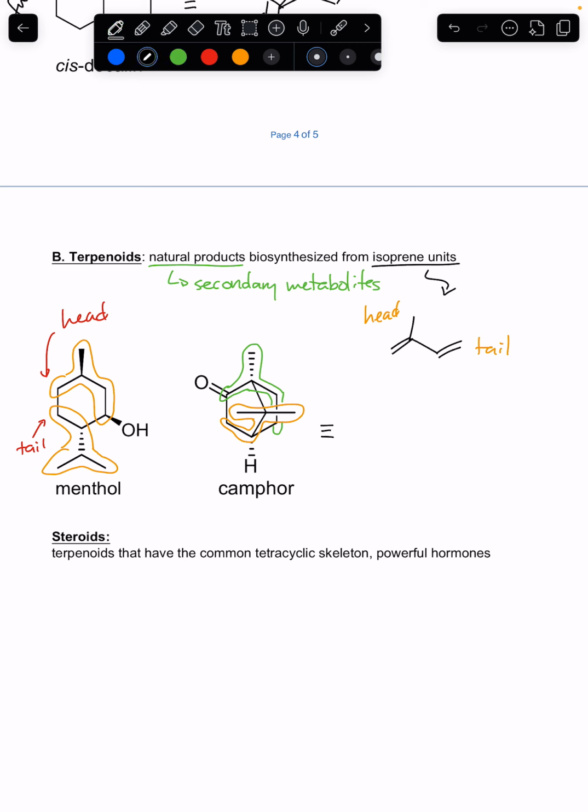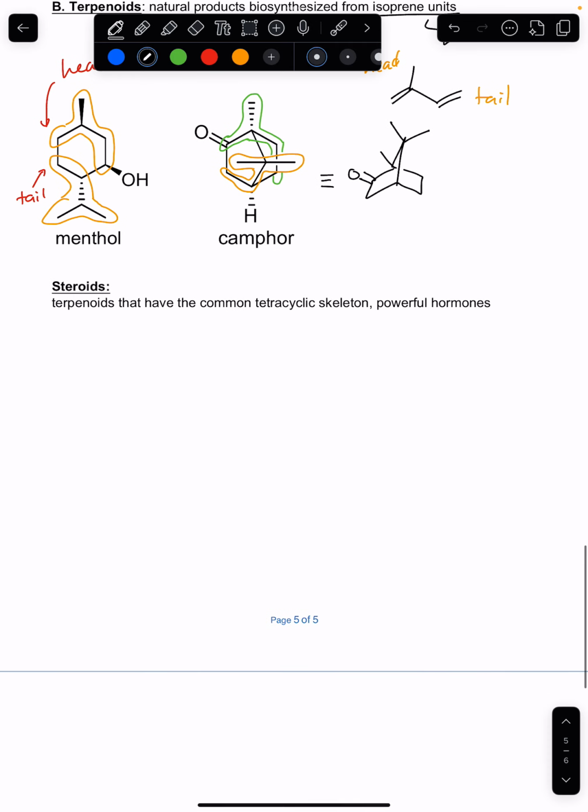Hopefully you can draw this in the 3D format. So that's the same structure there. Okay, so for terpenoids, what I want you to be able to do is to identify the isoprene units in a natural product structure, to recognize them as terpenoids and to identify the isoprene units that make them up.